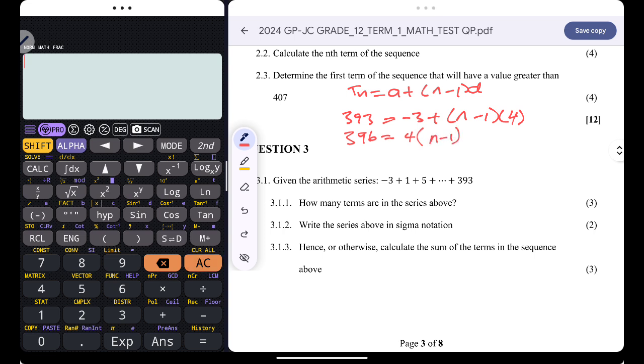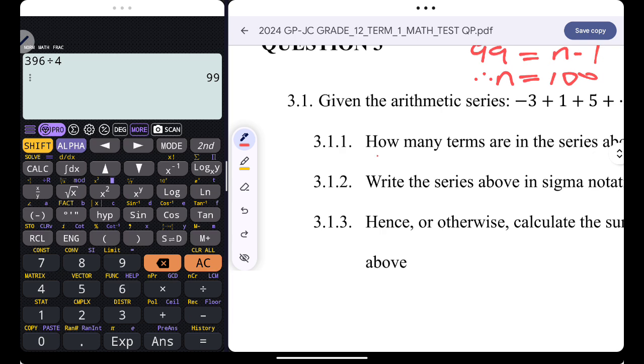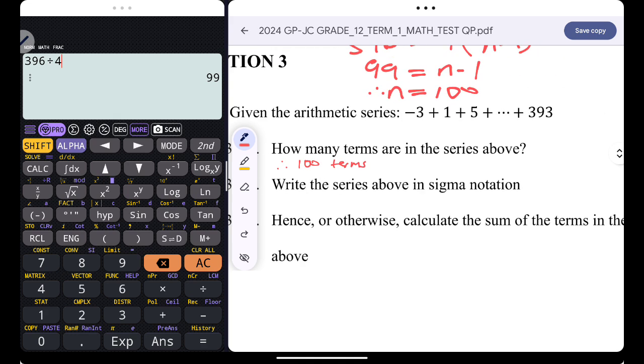Whenever I divide both sides by 4, 396 divided by 4, I'll get 99. 99 is equal to n minus 1. Therefore, n is equal to 100.